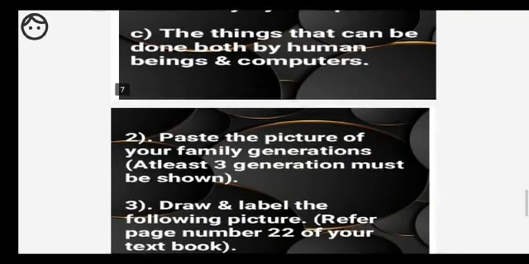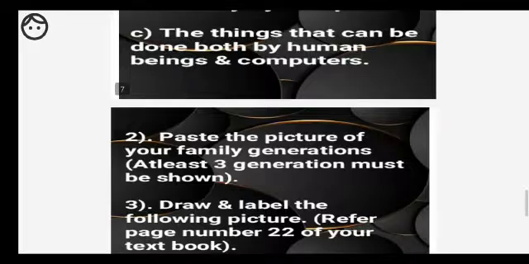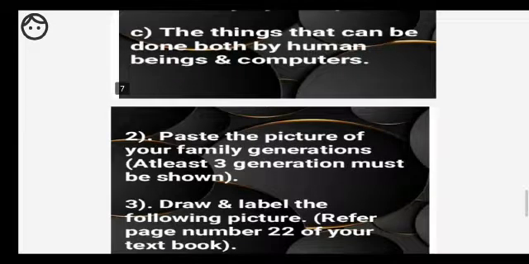Now assignment number 2, paste the pictures of your family generations. At least 3 generations must be shown. You have to paste 3 generation pics. Again you have to take one A4 size blank sheet in which you have to paste your pictures, then your parents' pictures, then your father and mother's pictures, means grandparents.